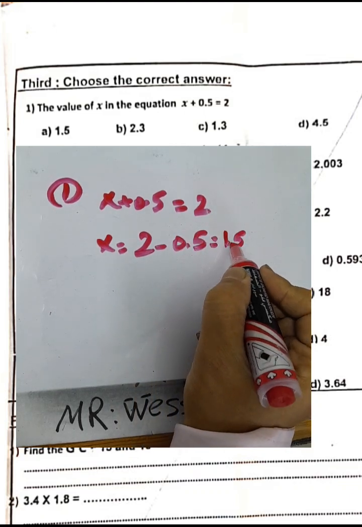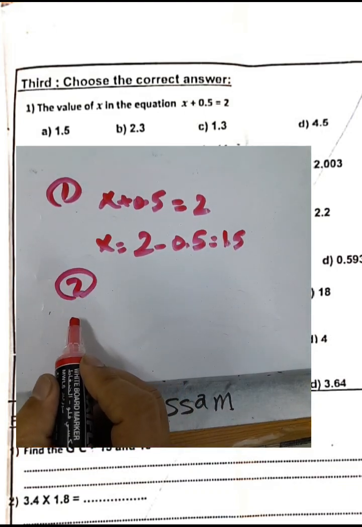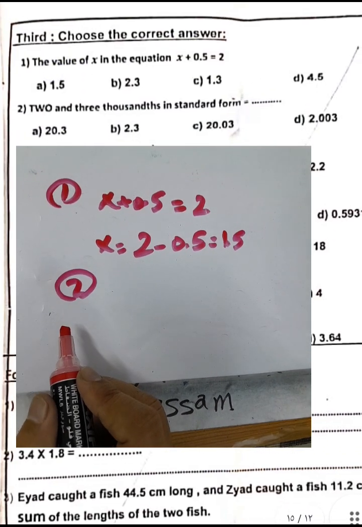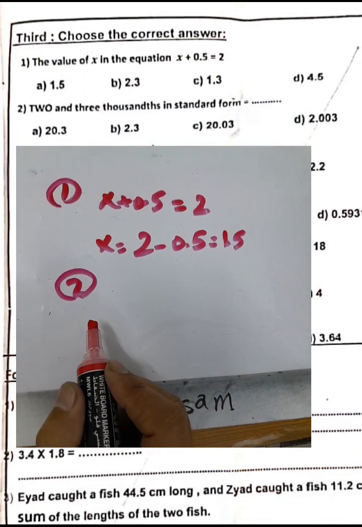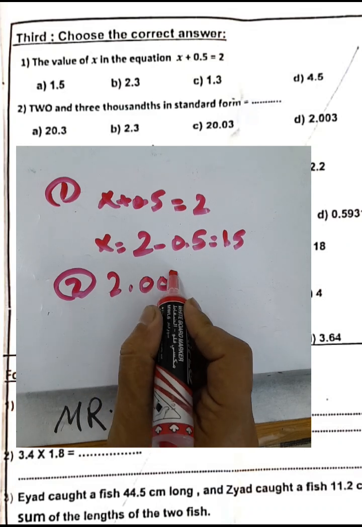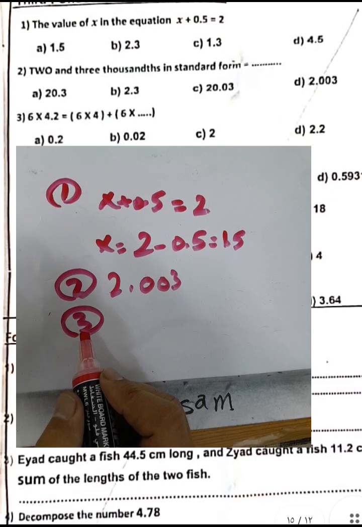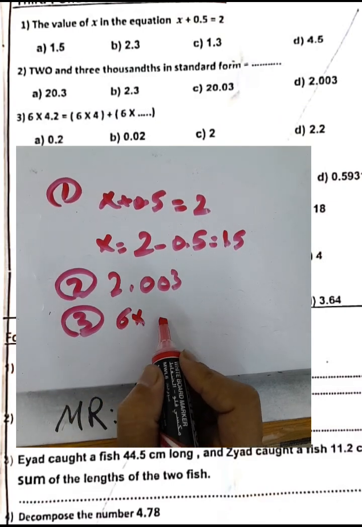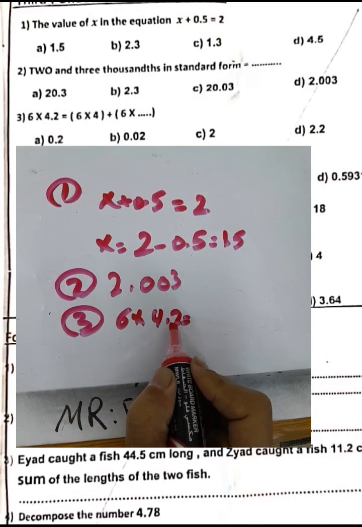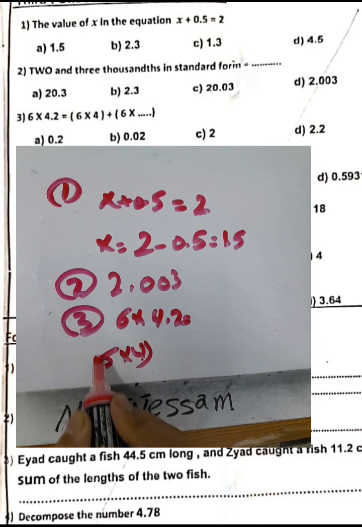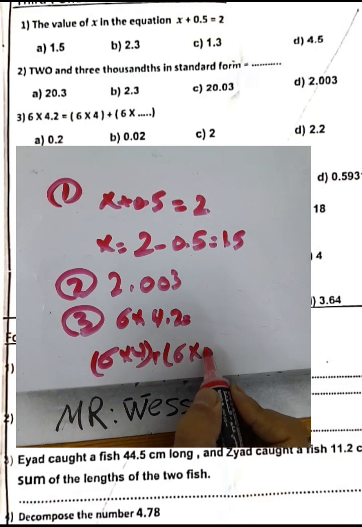Question number 2. 2 and 3 thousandths in standard form. Question number 3. 6 times 4.2 equals 6 times 4 plus 6 times 2 tenths.